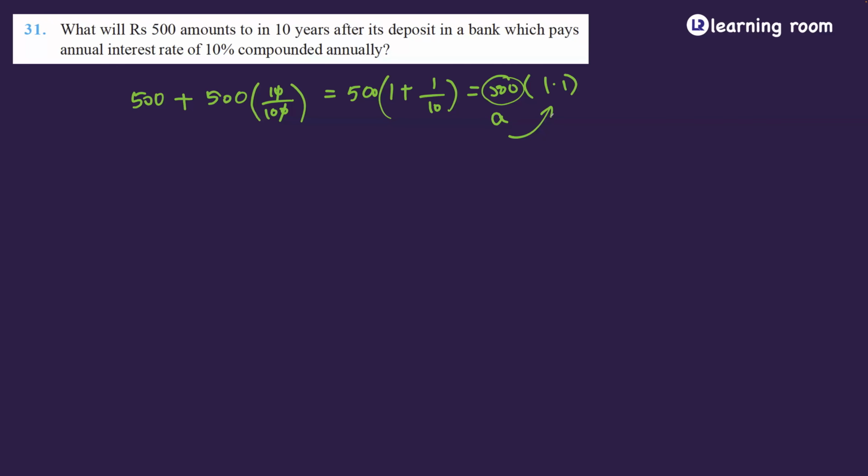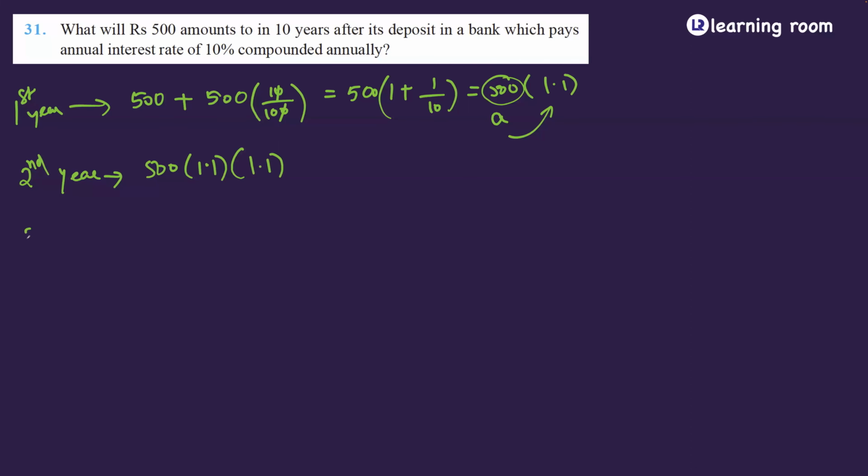So what will be the value at the end of second year? So this is at the end of first year. See, 500 into this 1.1 is calculated as the principal for the starting of the second year, but at the end of the second year, this 1.1 is getting multiplied to it.